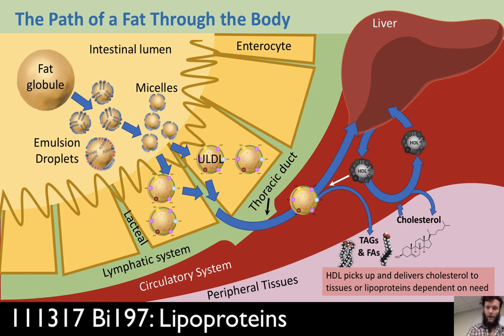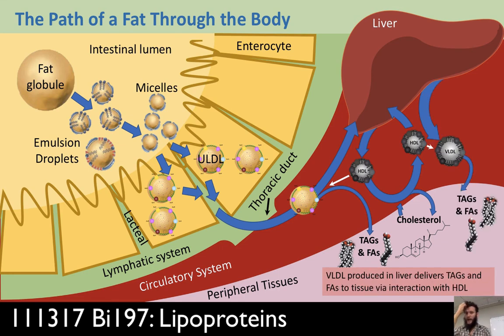All right. Next, we have VLDLs that emerge from the liver. And VLDLs, very low-density lipoproteins, are also delivering cholesterol and triglycerides to tissues. So now you can see there are two mechanisms for getting fatty acids and triglycerides.